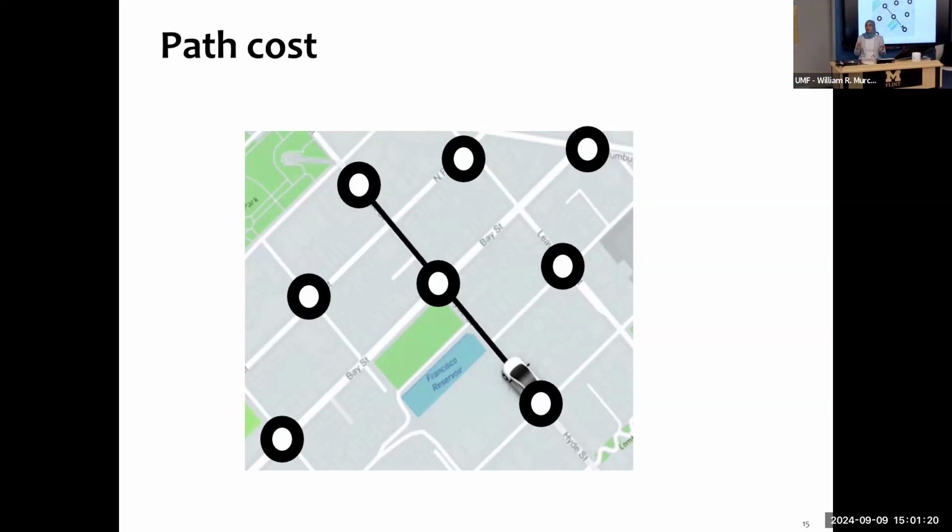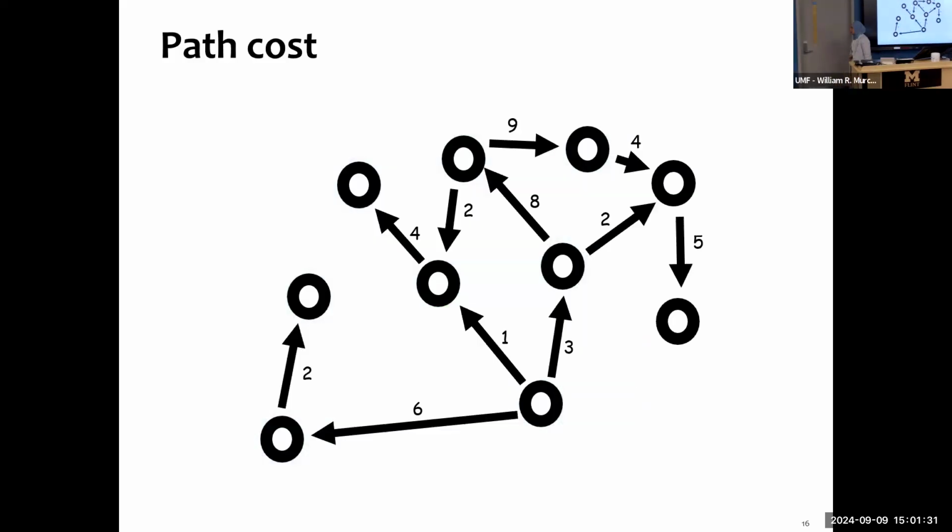And please feel free to let me know if you are not familiar with, for example, data structures or some concepts, okay? So if, for example, I am going to move from my initial state towards the goal, it has some cost.